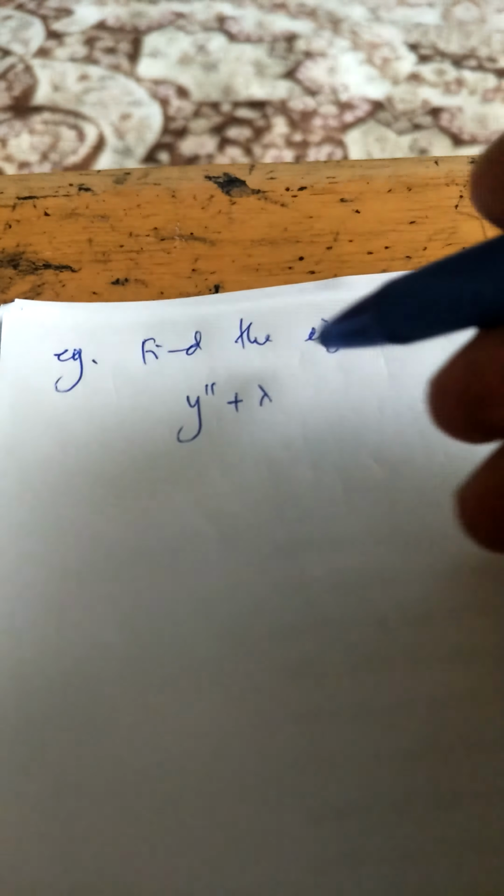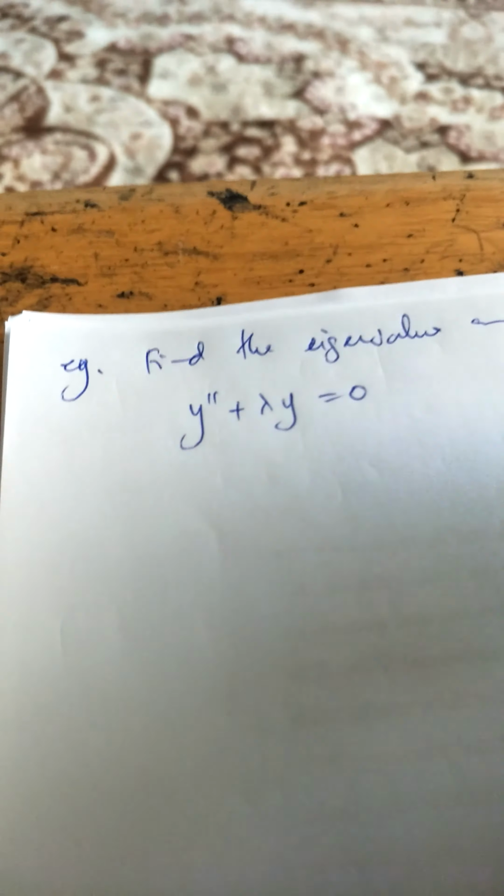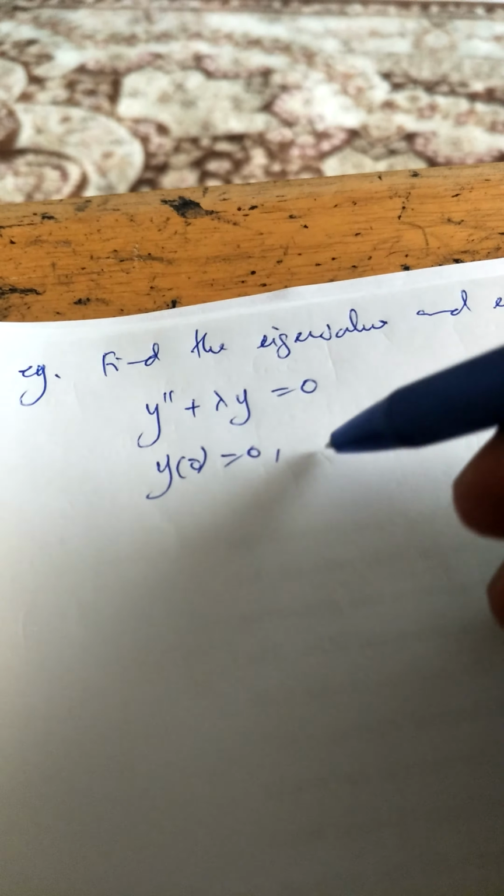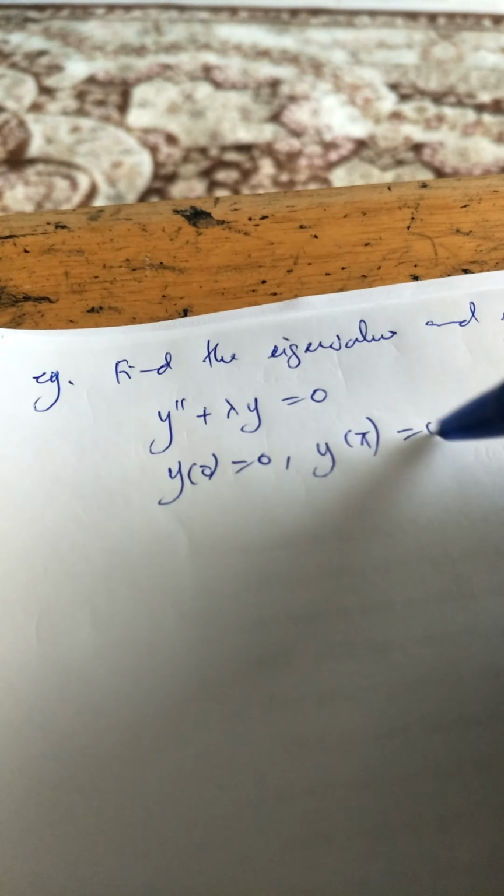So we find the eigenvalue and eigenfunction of the problem y double prime plus lambda y equal to 0, with the boundary conditions y(0) equal to 0 and y(pi) equal to 0.